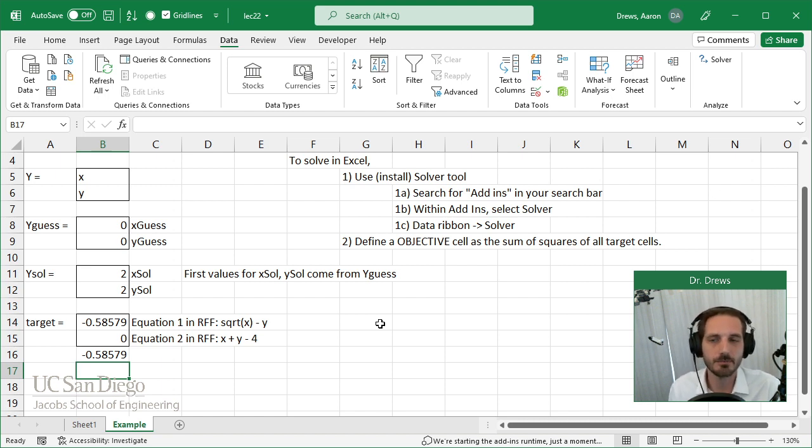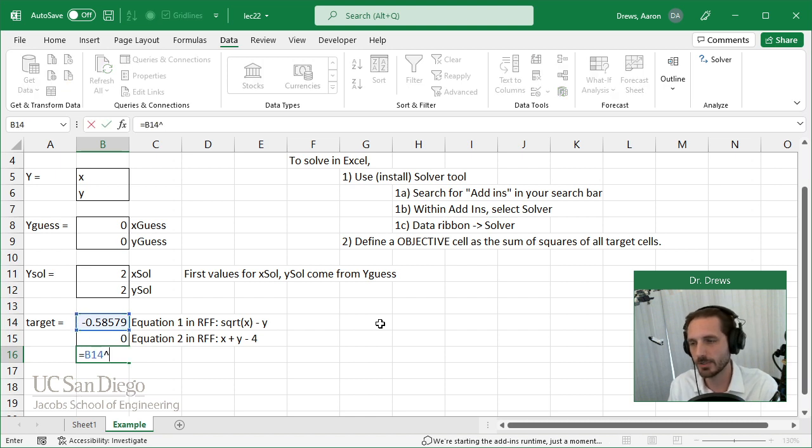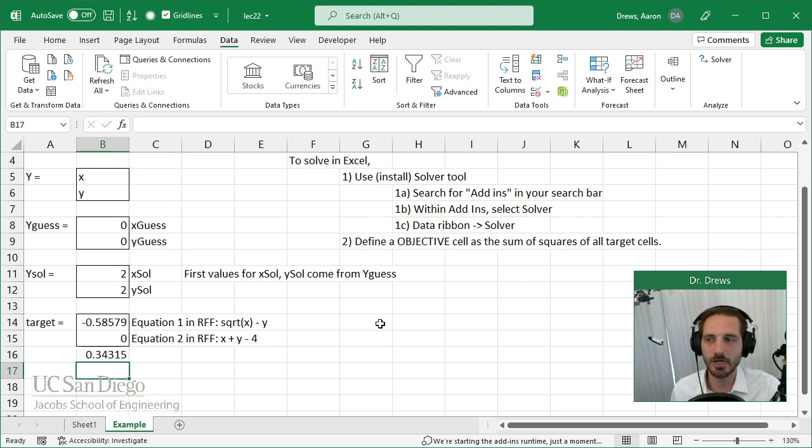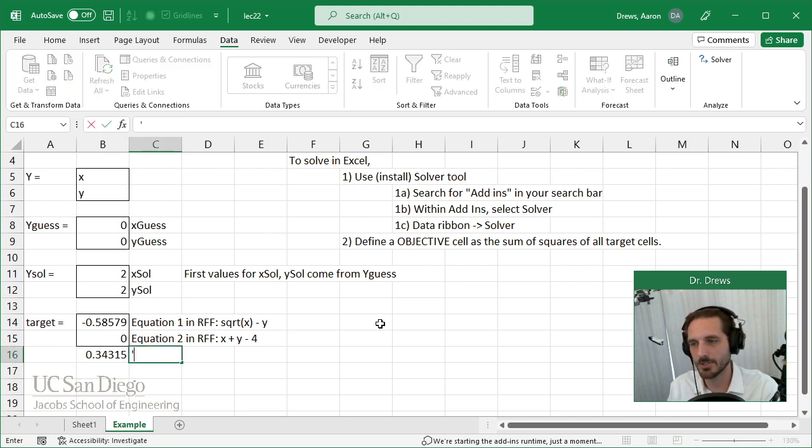Hence why we tend to sum the squares of the target values. So we say equal this value squared plus this value squared. That gets rid of the problem of negative results. It just squares them. You could do absolutes or something like that, and that would also be okay. So this is going to be our objective cell.